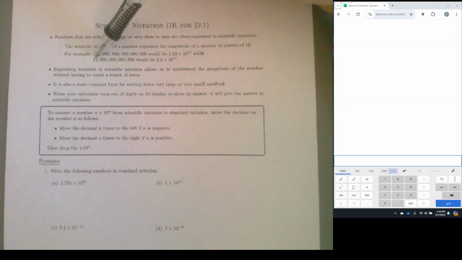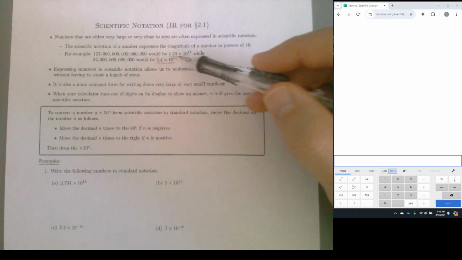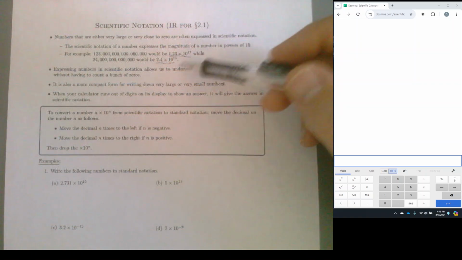Whereas this number, 24 followed by 12 zeros, would be expressed as 2.4 times 10 to the 13. And comparing these two numbers, it's much easier to see what the relative magnitude of the numbers are, right?